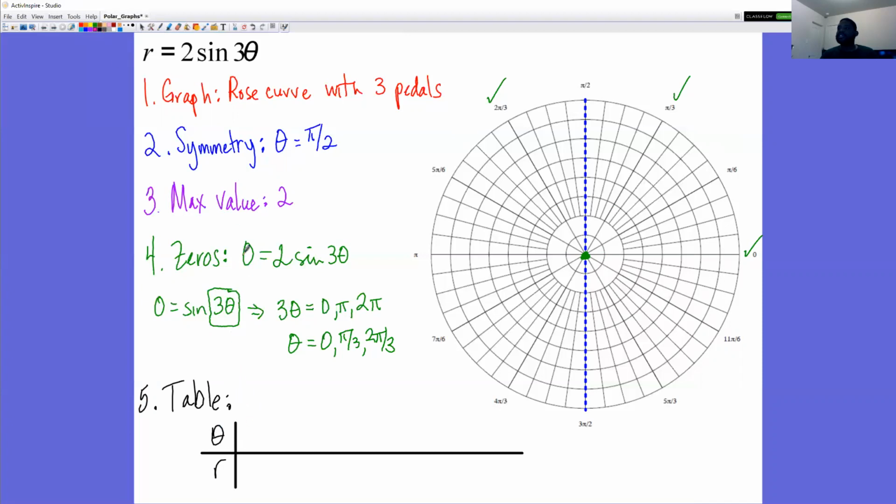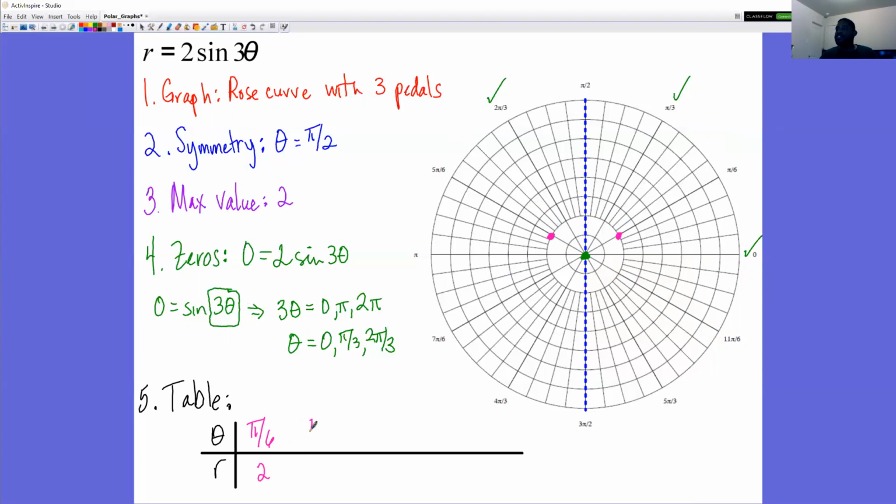So first we're going to start with, can't start with 0. We already accounted for 0. So let's go to pi over 6. And if you plug pi over 6 in here, you get a value of 2. So at pi over 6, you're 2 units from the pole, which means at 5 pi over 6, you're also 2 units from the pole, because remember, you have symmetry with respect to pi over 2.